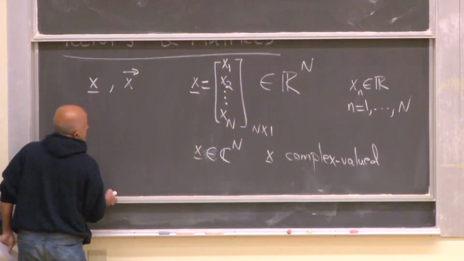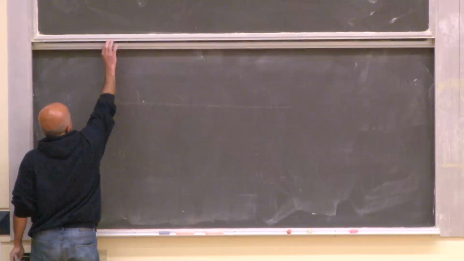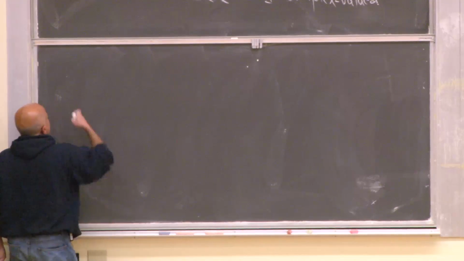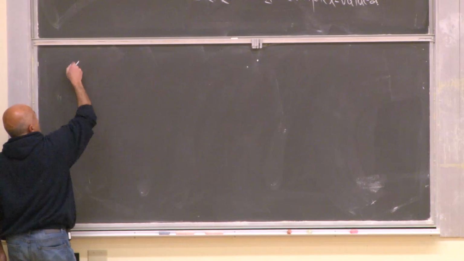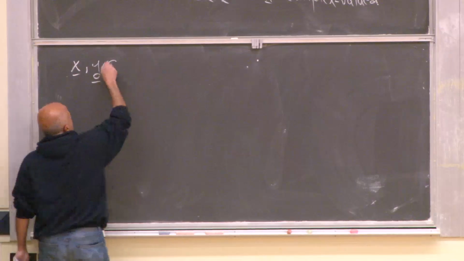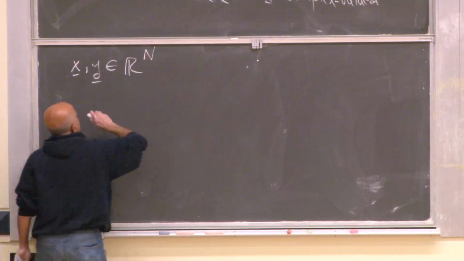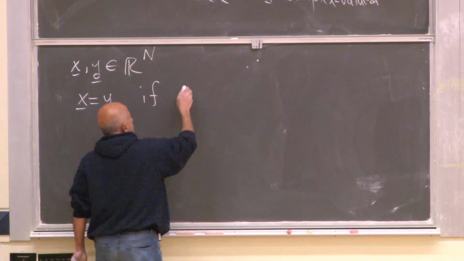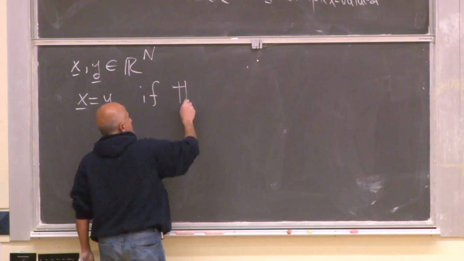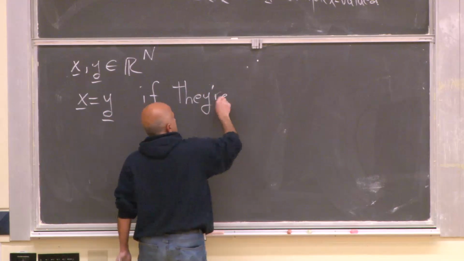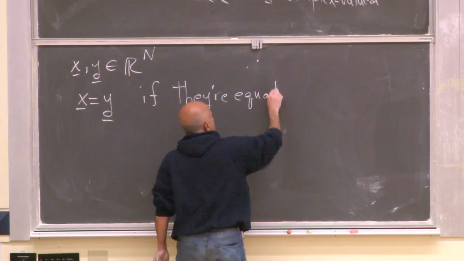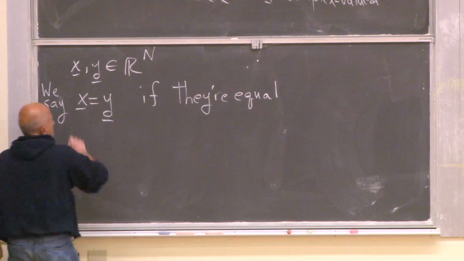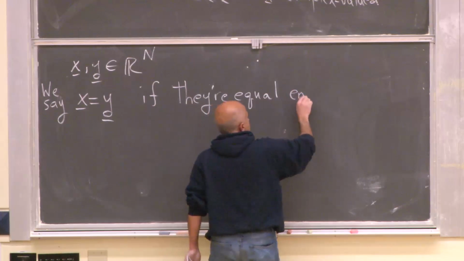Okay, now, vectors live in this space called Rn. So if X and Y live in Rn, we say X is equal to Y if they're equal entry-wise.